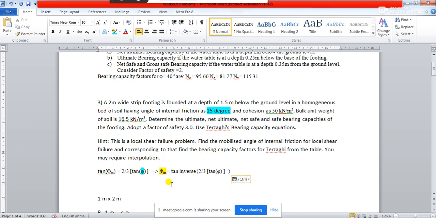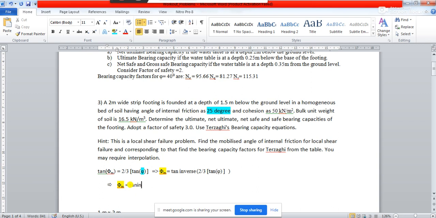Now you tell me what will be the value of phi m in this case? Tell me, anyone? What will be the value of phi m? Phi m is going to be 17.23.